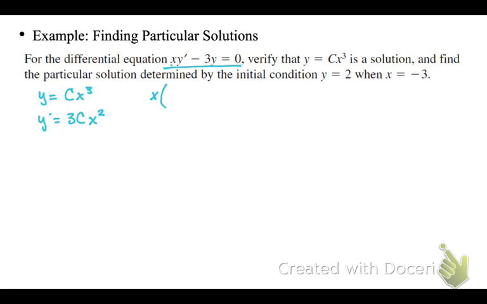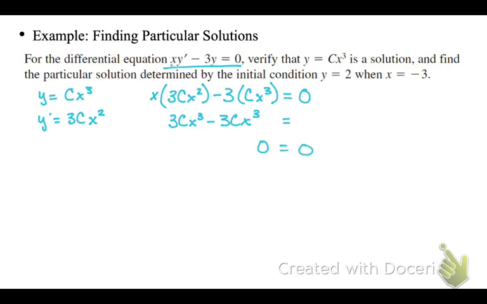No, it's just x and y prime is 3cx squared. Minus 3, and what's y? Cx cubed. Well, I get 3cx cubed minus 3cx cubed, which is what? 0. Okay.